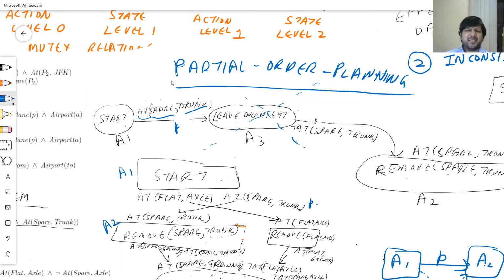Now the interesting thing about AI is when searches started, they were honestly impractical to solve any real life problem. And then this wonderful thing happened called heuristics, and suddenly everybody's like, okay, now we can solve problems which were unsolvable and achieve great results.